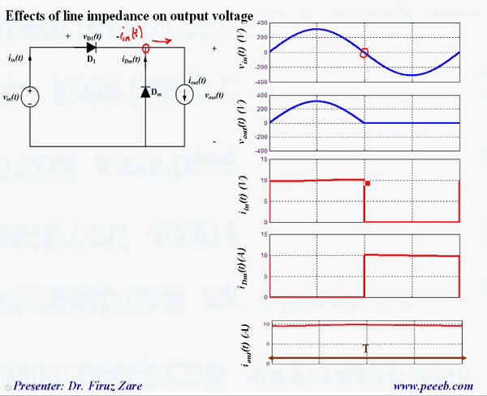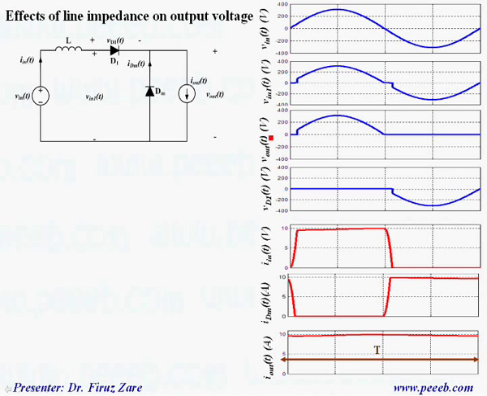In a very short time the current drops to 0, and in a very short time the current through this diode jumps to that level. In this case there is no element like an inductor to control the di/dt. So here we can see that there is a significant di/dt, and that's why we can't see any effect on the line voltage.